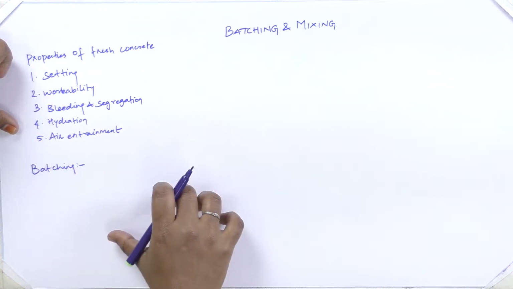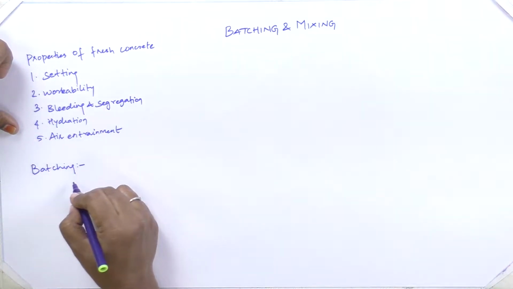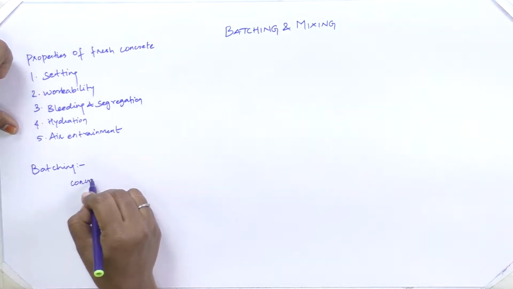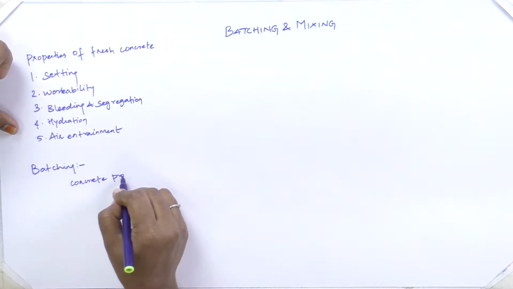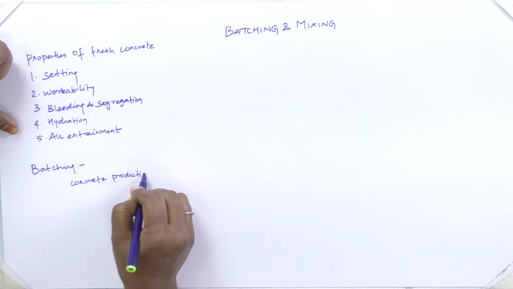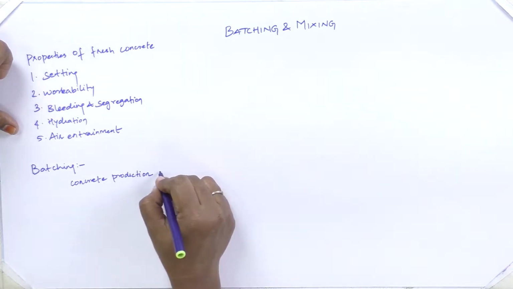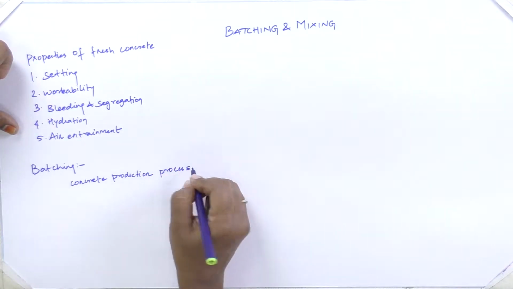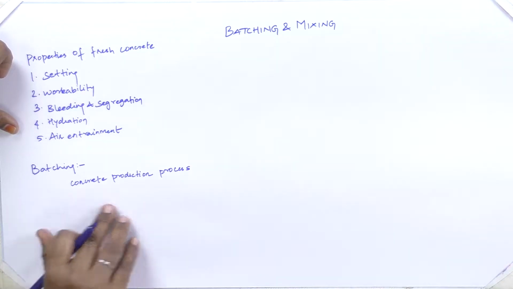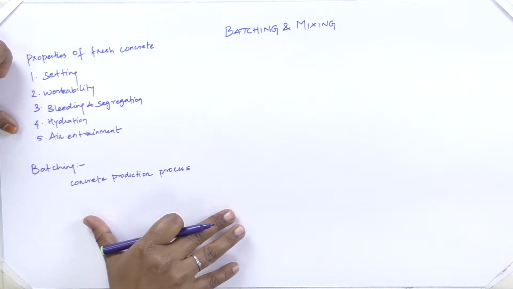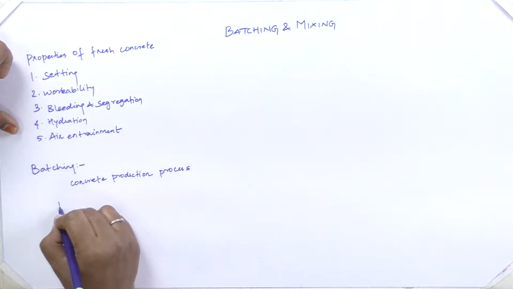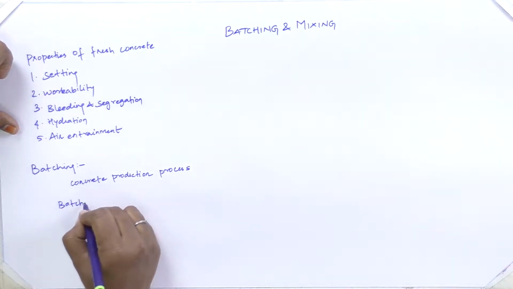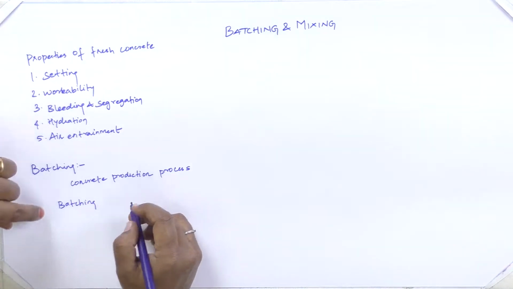How is concrete production done? Concrete production process: first, we have to batch it, that is batching.